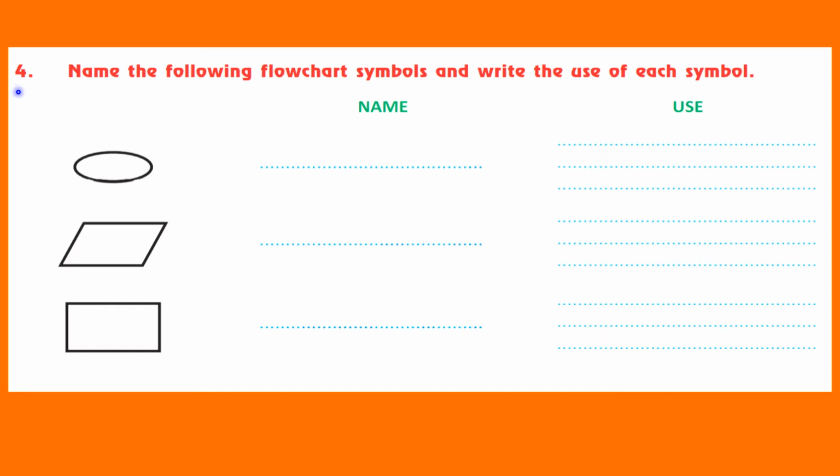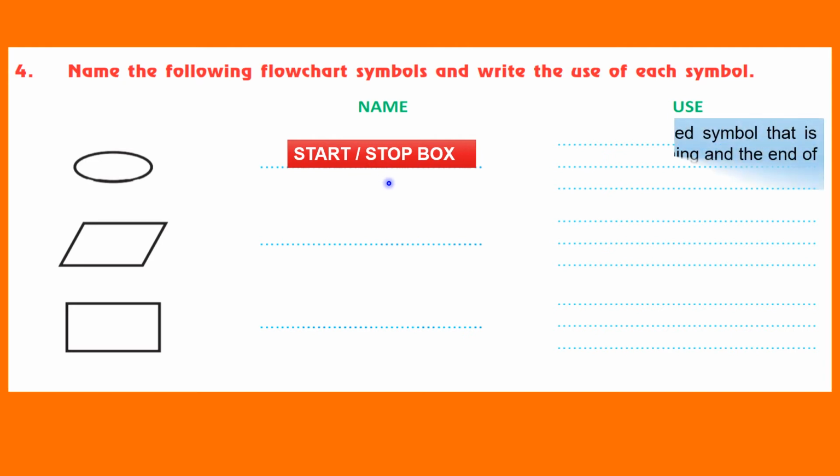Part 4. Name the following flowchart symbols and write the use of each symbol. First, this is an oval shaped box. Now, the name of this box is Start Stop box. And what is the use of this box?